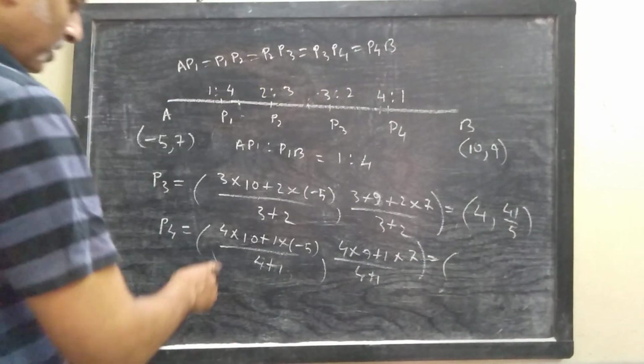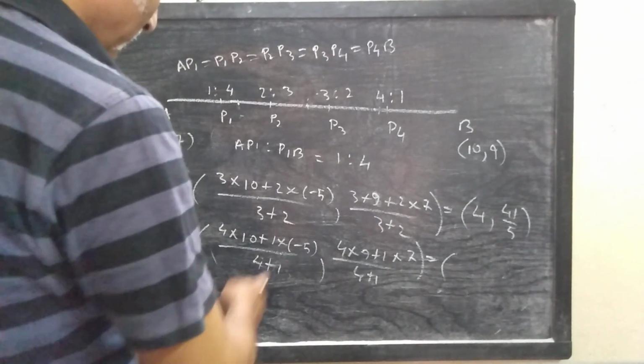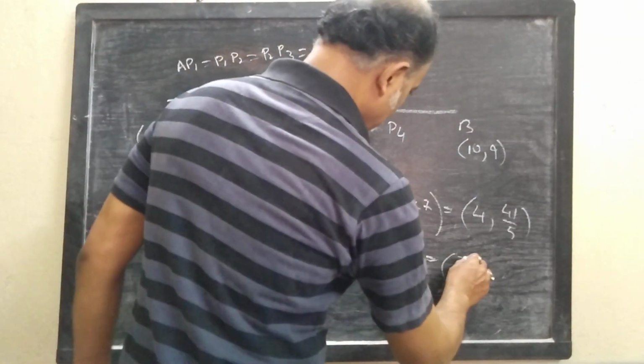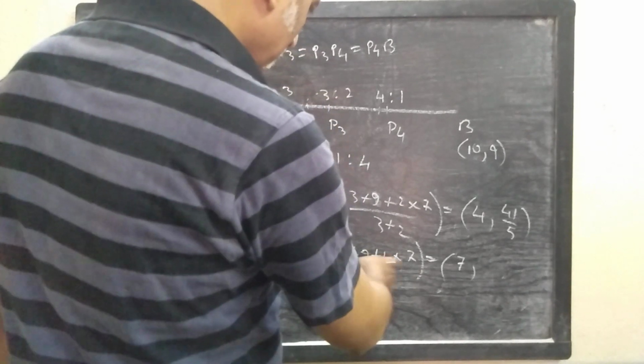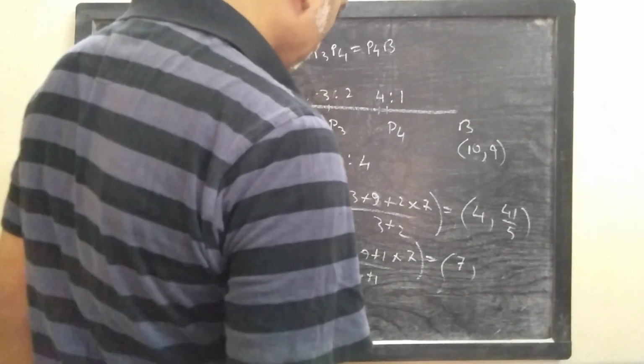So this will ultimately become 40 minus 5, 35, 35 by 5, that is 7. Then 4 nines are 36 plus 7, 43 by 5.